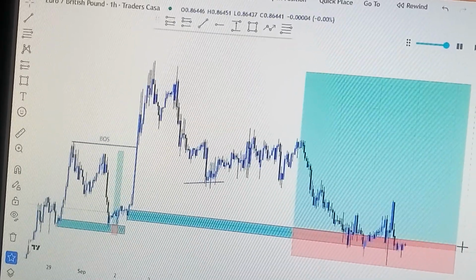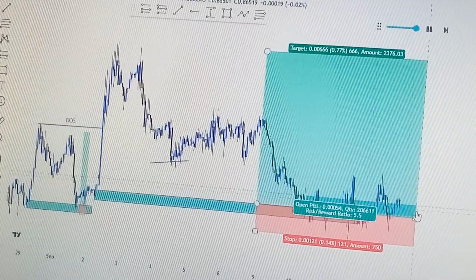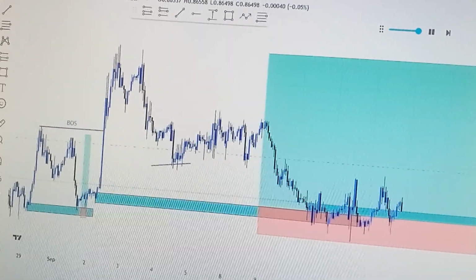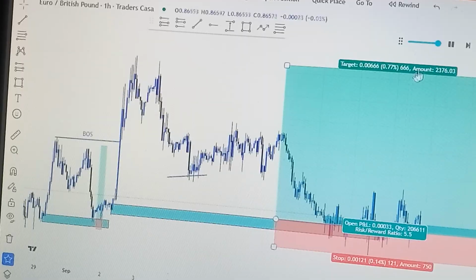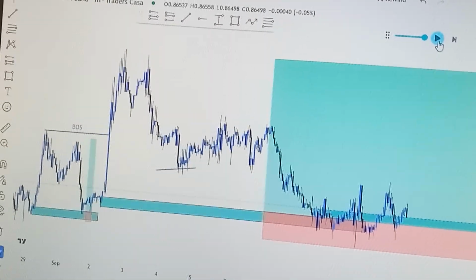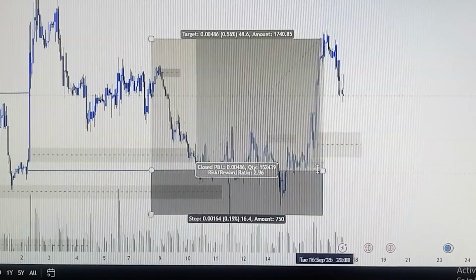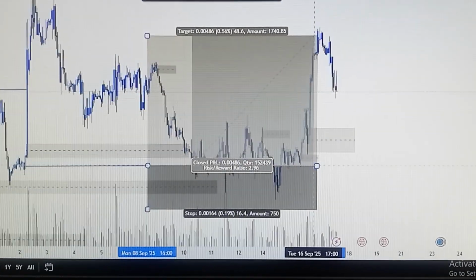As you can see, price had to play around, but finally it hit my take profit after mitigating that order block.